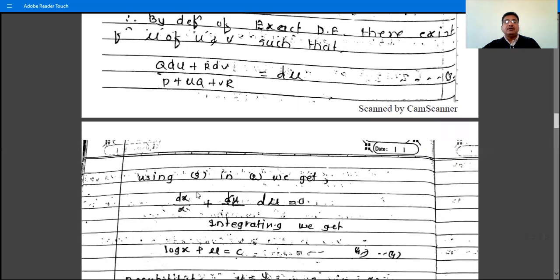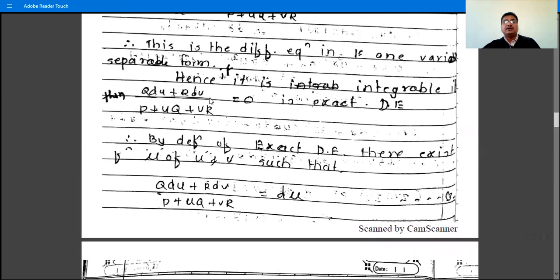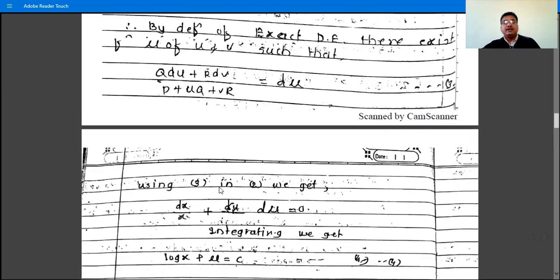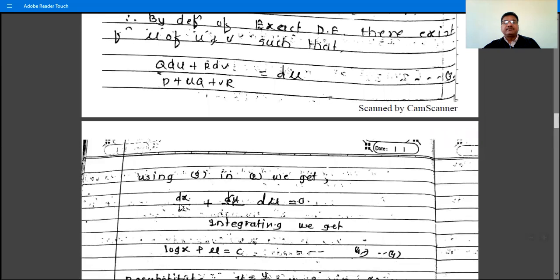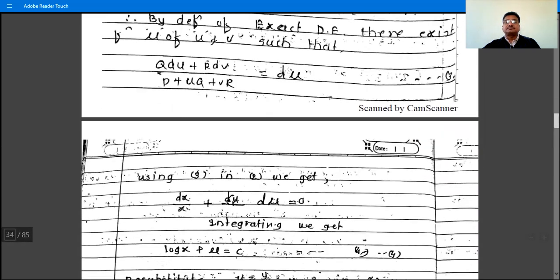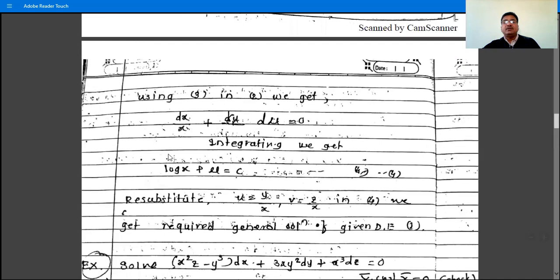And so if we write the value of this quantity as d mu in this equation number 2, we have the equation dx by x plus d mu is equal to 0, and integrating we get what?